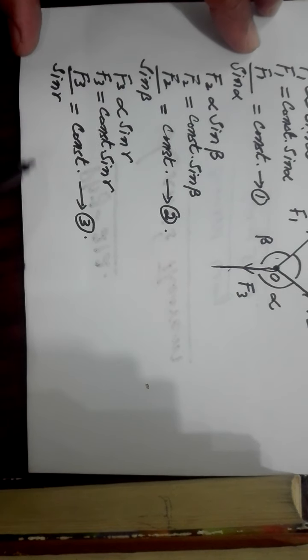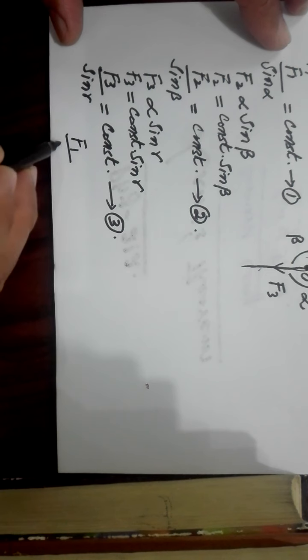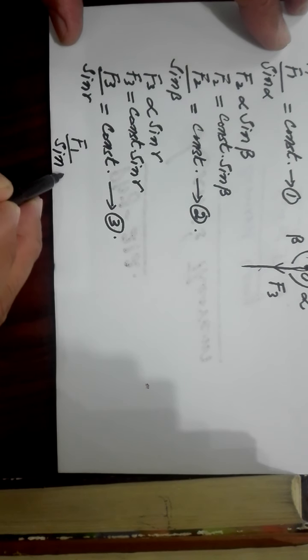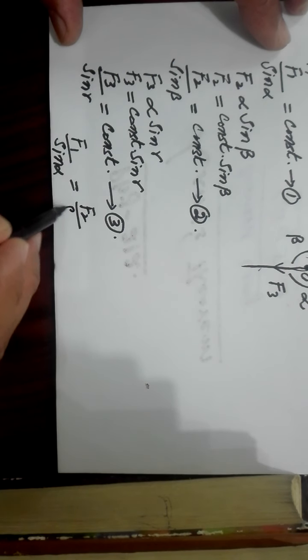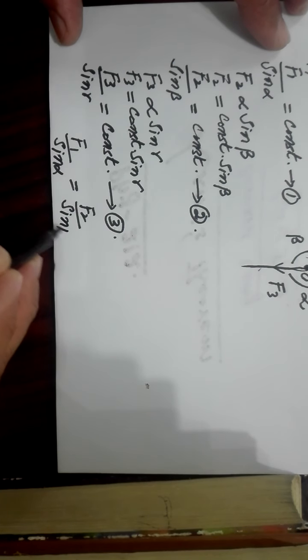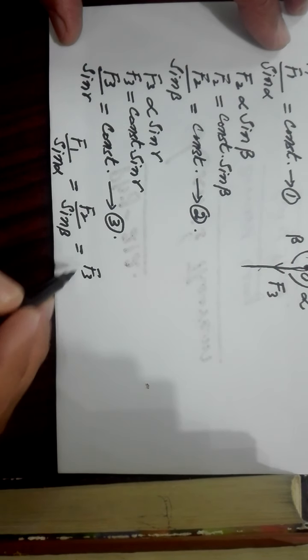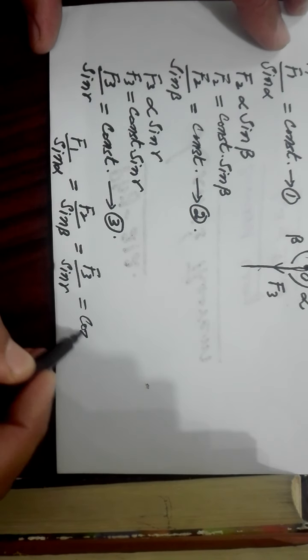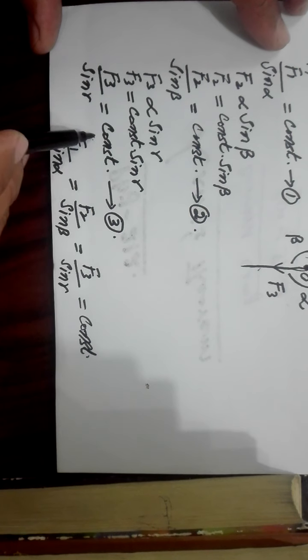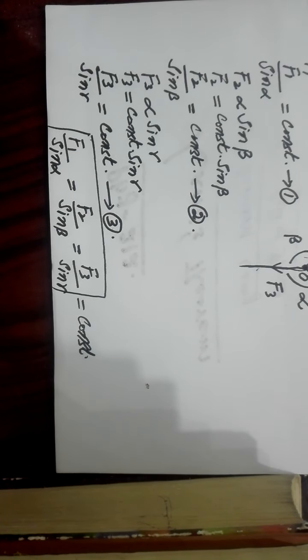So therefore we can write it as F1 over sine alpha equal to F2 over sine beta equal to F3 over sine gamma equal to a constant. So we can equalize all these three forces.